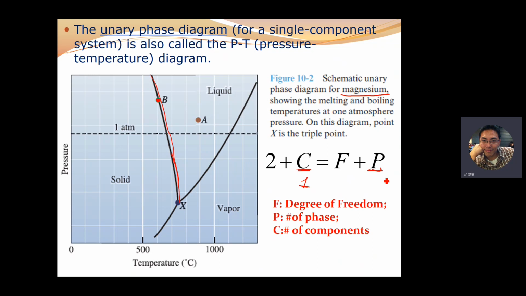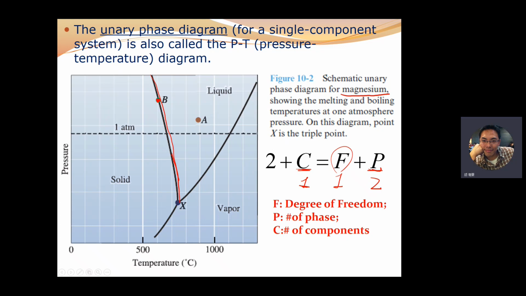Therefore, there are 2 phases. So how many degrees of freedom does it have? 1, right? Therefore, the phase diagram of magnesium at point B has 1 degree of freedom.